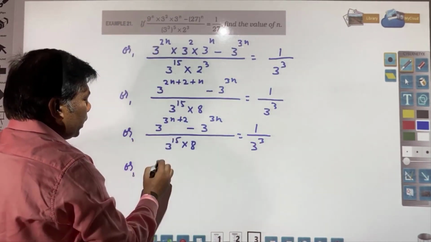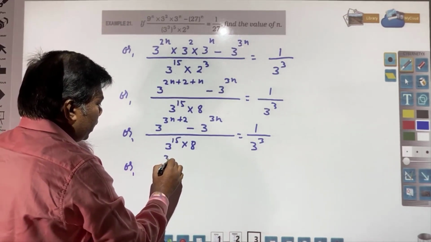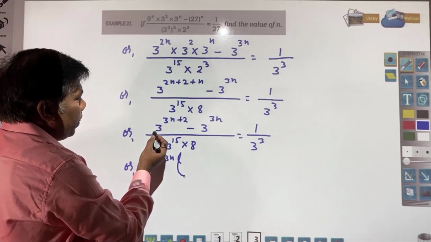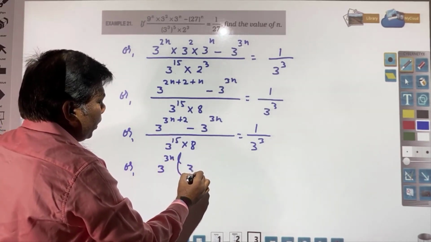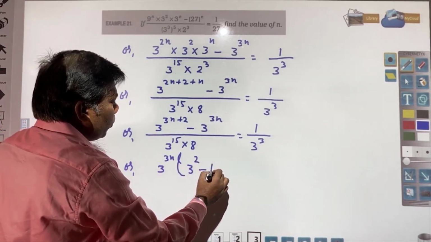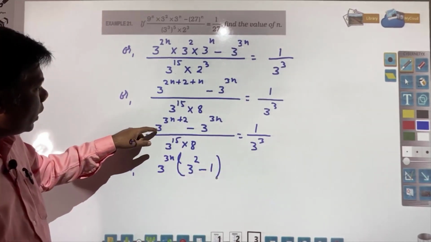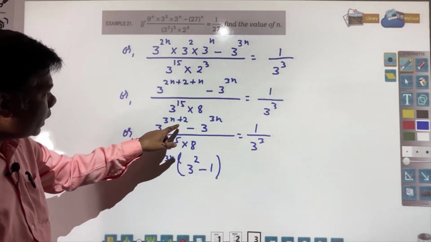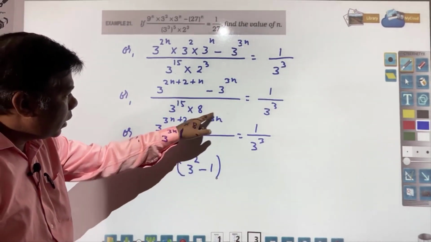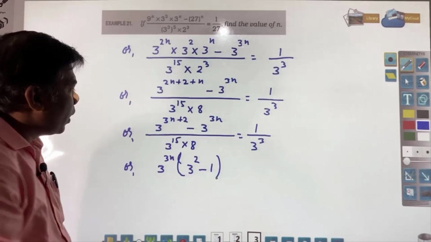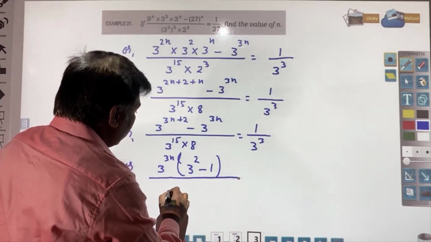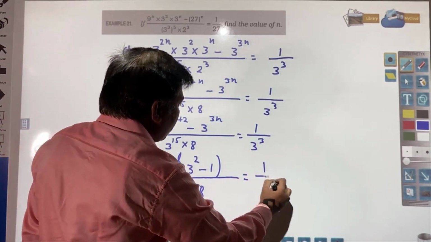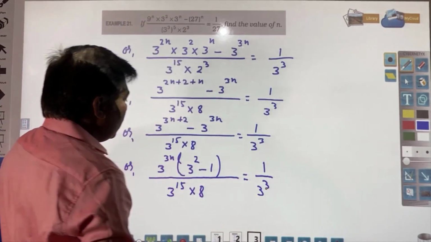Here we can take out common 3 to the power 3n, and we will be left with 3 to the power 2 minus 1. Here you see, if we are taking out common 3 to the power 3n, we will be left with 3 square minus, here already we have taken out, this will be 1, and divided by 3 to the power 15 into 8, and that is equal to 1 by 3 to the power 3.